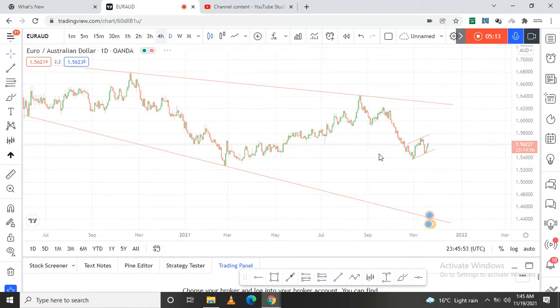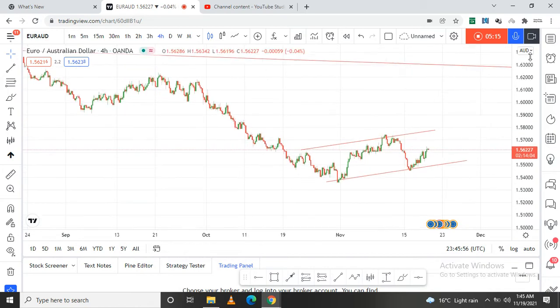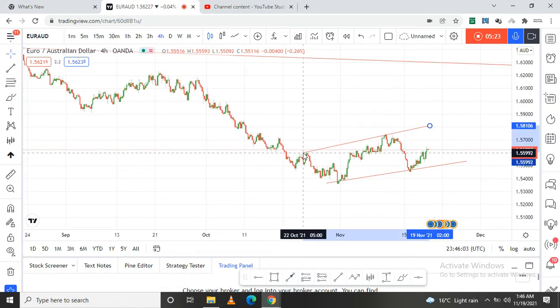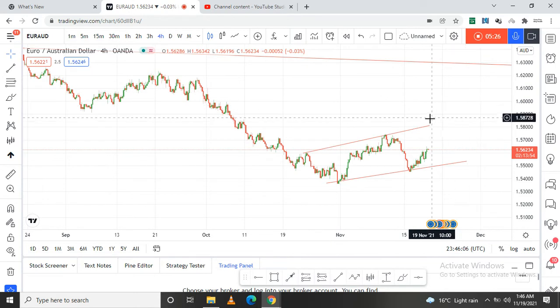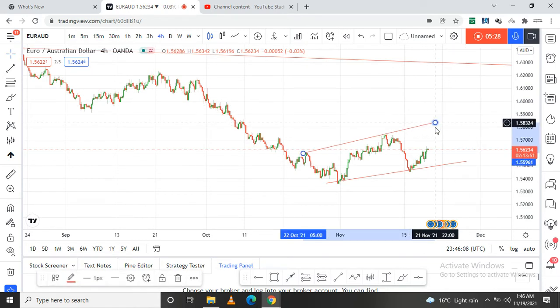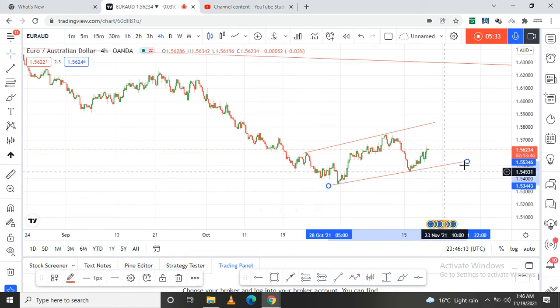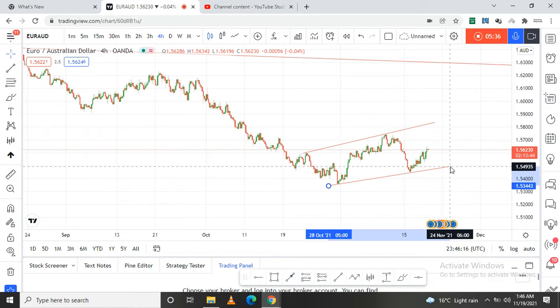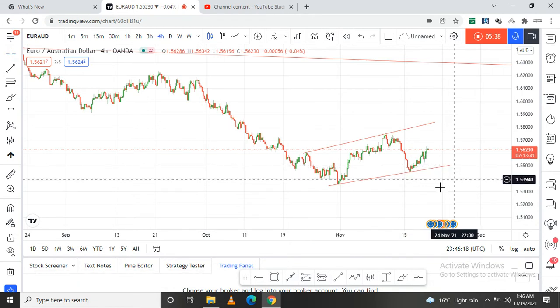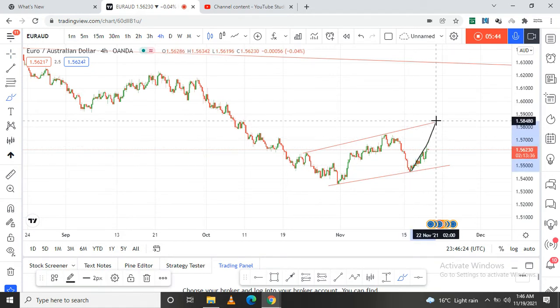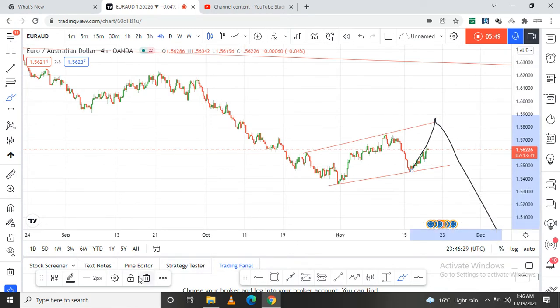If I go to my 4-hour chart, and then we have something like this. I'm expecting price to push to that level to give us our dead touch before we can drop to the downside.